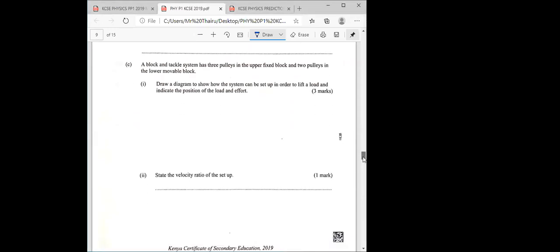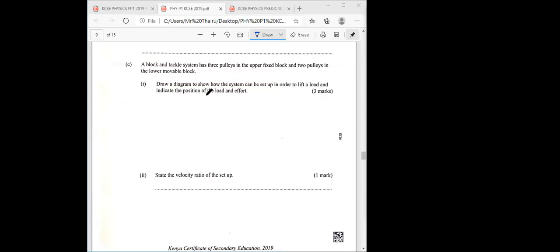A block and tackle system has 3 pulleys in the upper fixed block and 2 pulleys in the lower movable block. Draw a diagram to show how the system can be set up in order to lift a load and indicate the position of the load and the effort. Remember, for a pulley system to be complete, it must have the point of support, the load, and the effort.